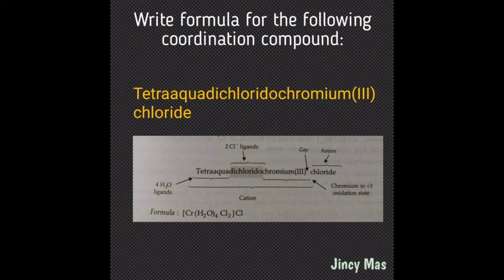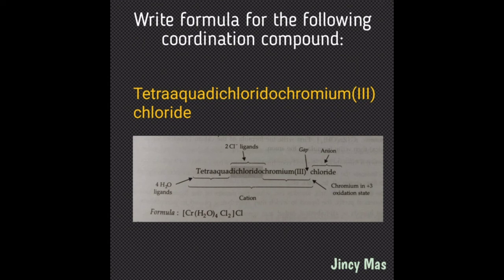So chromium is listed first, and then we have how many ligands? We have 2 ligands here. One is H2O and the other one is Cl minus. Tetraaqua, 4 H2O ligands, and dichlorido, 2 Cl minus ligands. And you see, after the charge of the central metal atom, chloride is written after that.